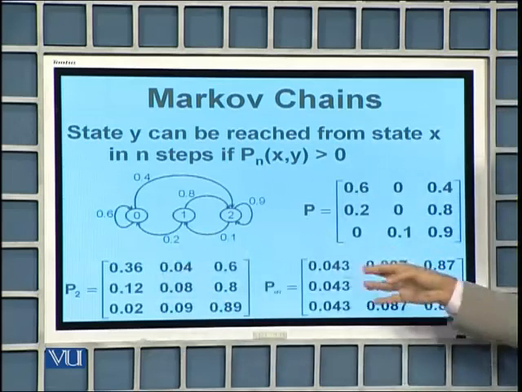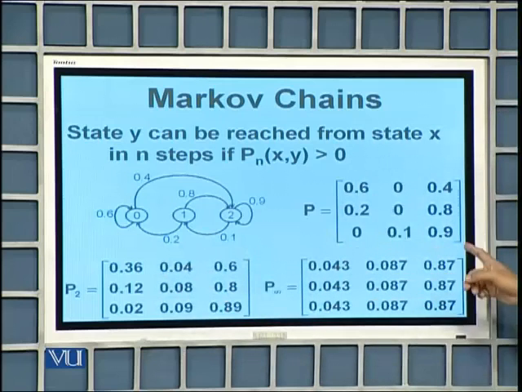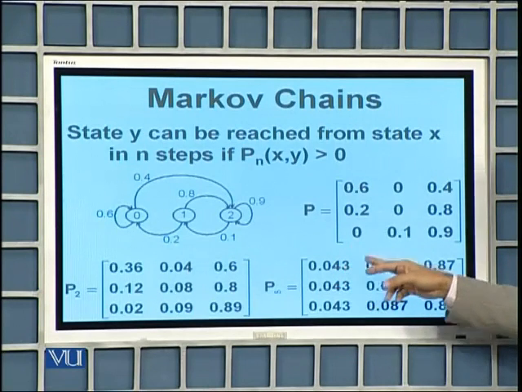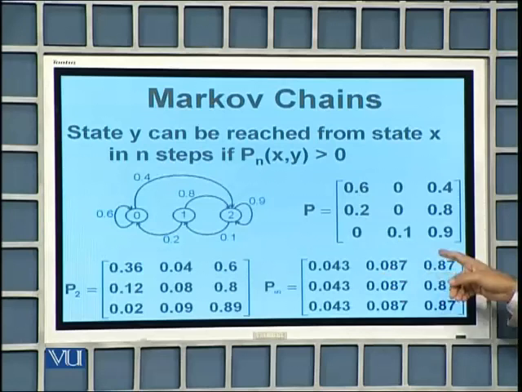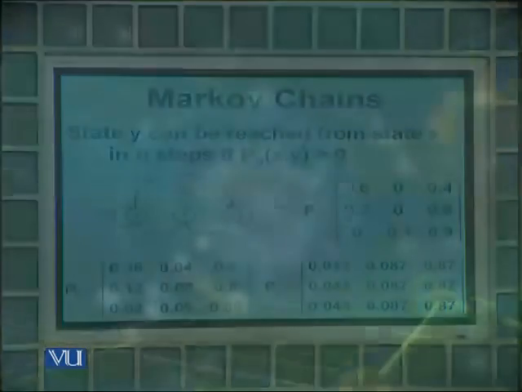Then you move to P infinity and you converge to this matrix, which gives you a unique long-term asymptotic stationary probability distribution of 0.043, 0.087 and 0.87. Let's look at other examples and see if we can get a clue about the behavior of a Markov chain from its state transition probability matrices.